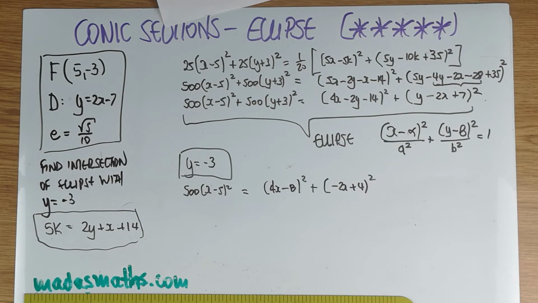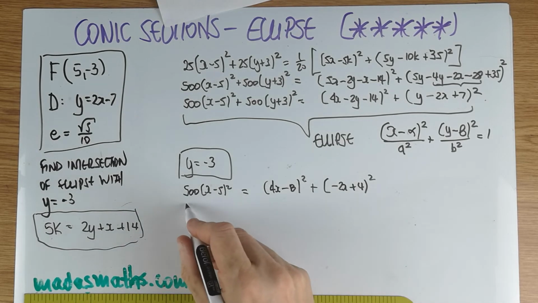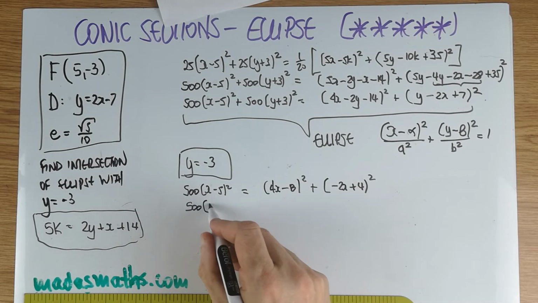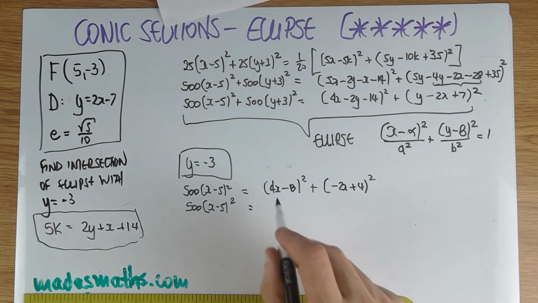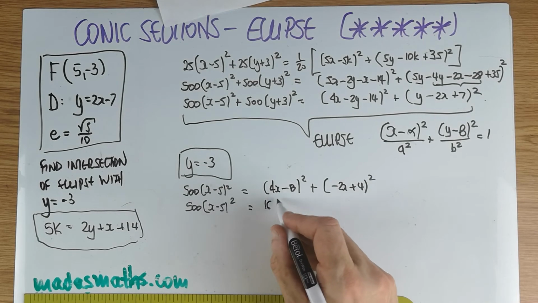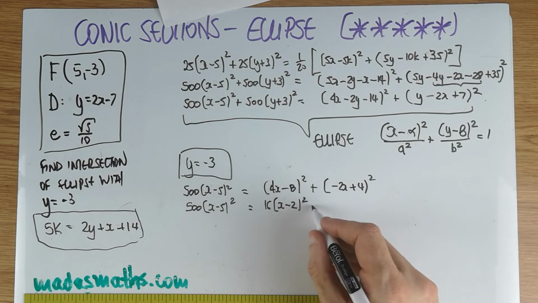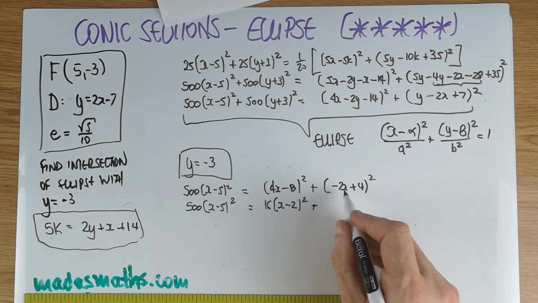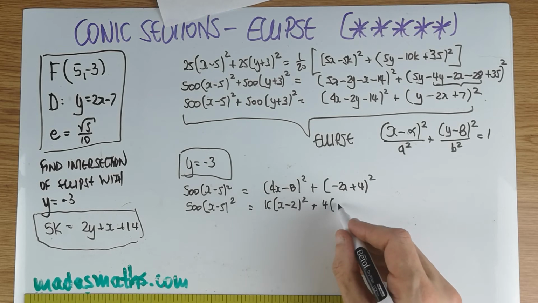Okay. These two bits are the same thing, really. So what I'm going to do next: factorize a 4 out of this and then square it, so it's going to be 16. And from here, I'm going to factorize a negative 2 and square it, so it's going to be plus 4 when it comes out of the bracket.